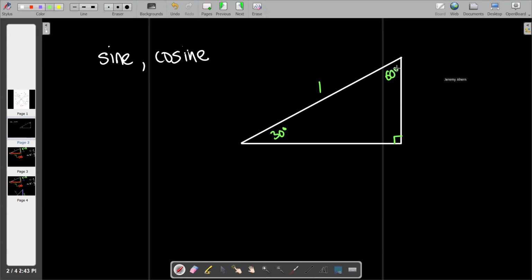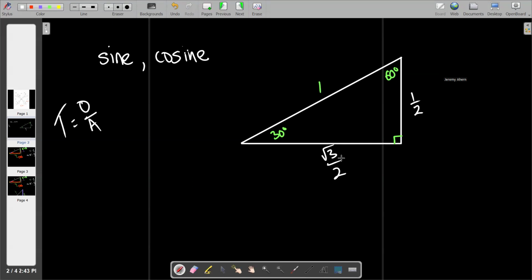But anyways, the tangent you currently know like this. You know that the tangent of an angle is equal to the opposite side divided by the adjacent side. So let's talk about that for a second. Say we're in a triangle like this, and we know that the length of this side is 1/2, and we know that the length of this side is √3/2.